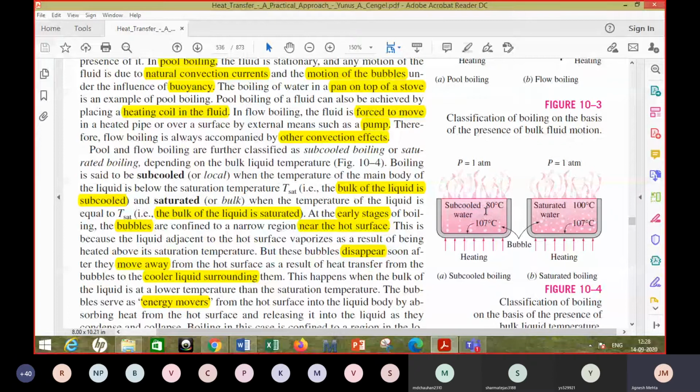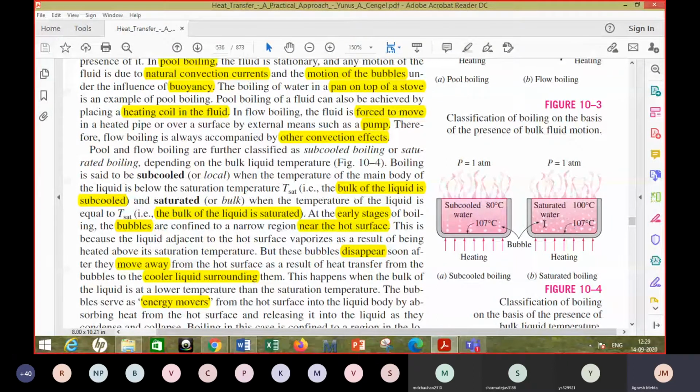So when the water temperature has still not reached its saturation temperature, you may still see the generation of bubbles, but the vapor in the bubble will not come up to the surface and go into free air, right? They will break inside, and they will end up giving heat to the liquid, and this way this liquid gets sensibly heated very fast.